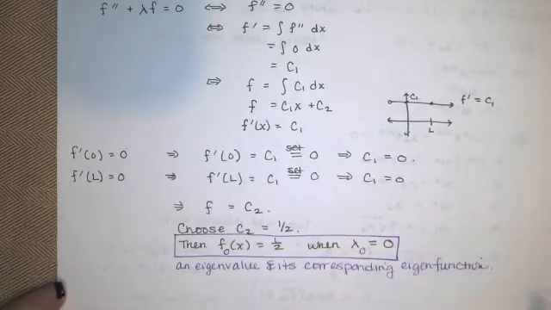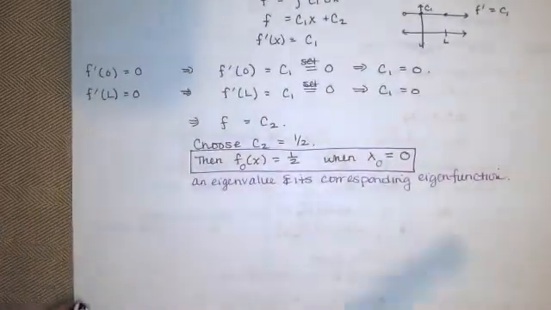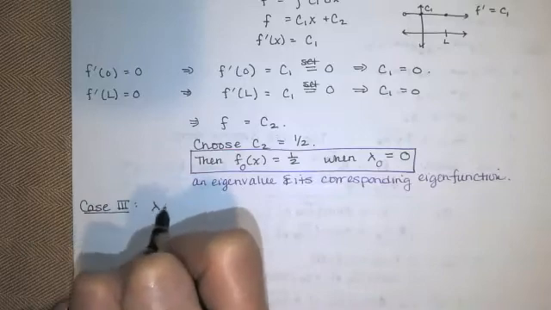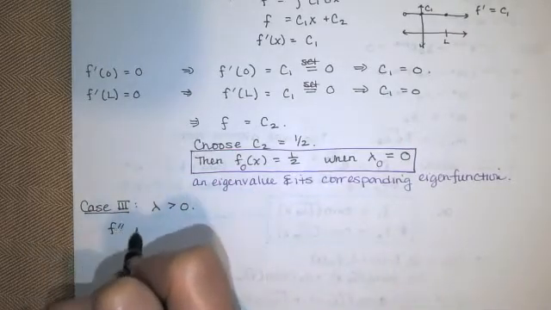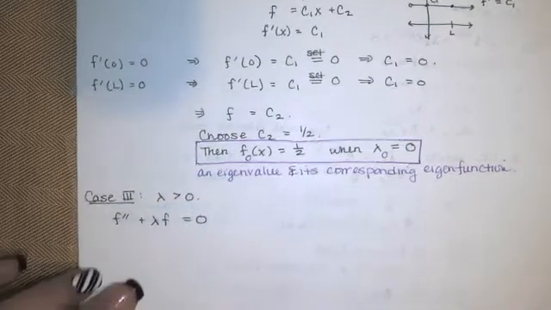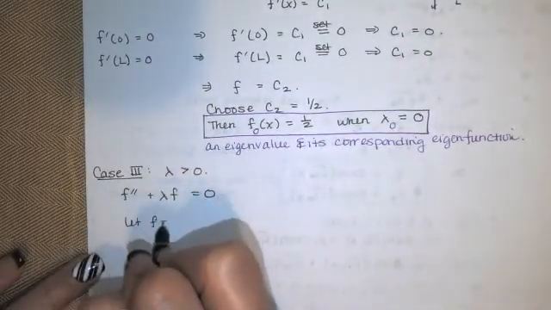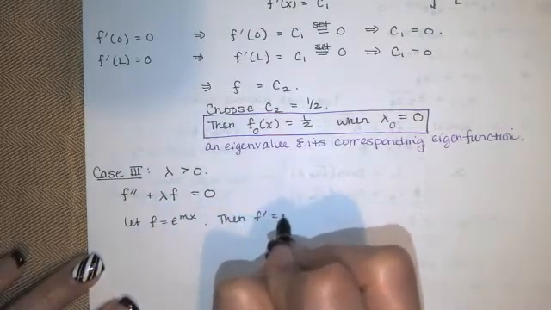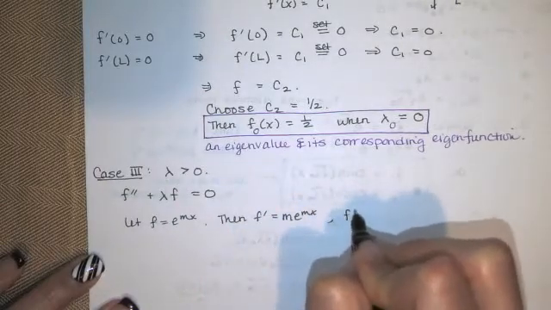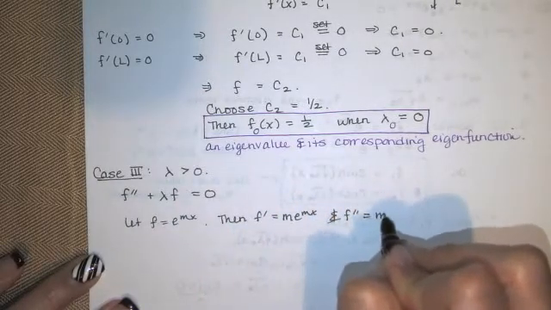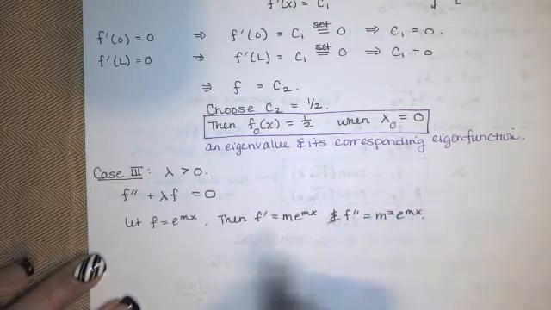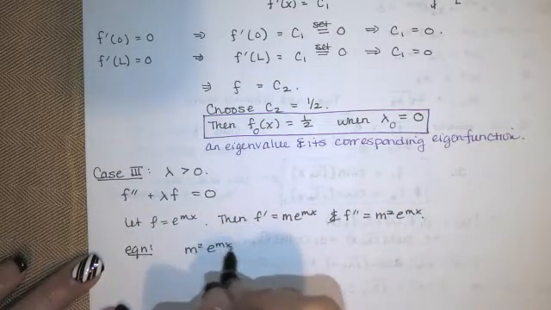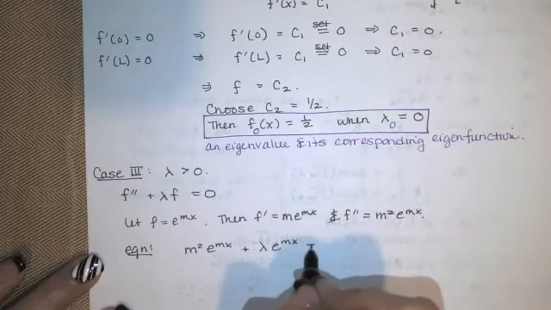Okay, so we looked at the case when lambda was negative. We looked at the case when lambda was 0. Now let's look at the case when lambda is positive. If we let f equal e to the mx, differentiate twice, and substitute into the differential equation, we get that.